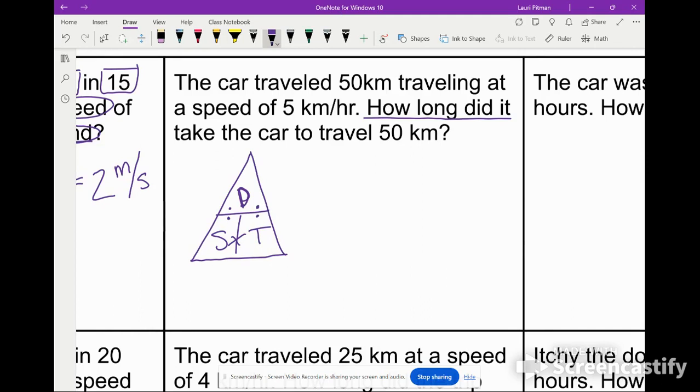Okay, they asked me how long did it take. That's time. So I'm going to mark out time. That leaves me with distance divided by speed. Okay, well, my distance is up here. It's 50 kilometers. Okay, and then it gives us the speed as 5 kilometers per hour.